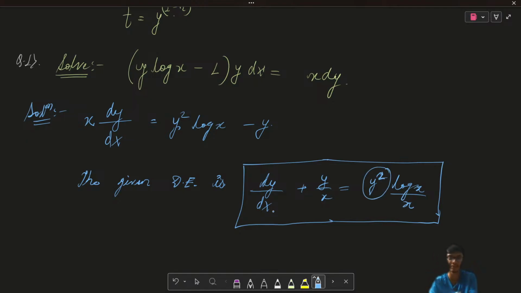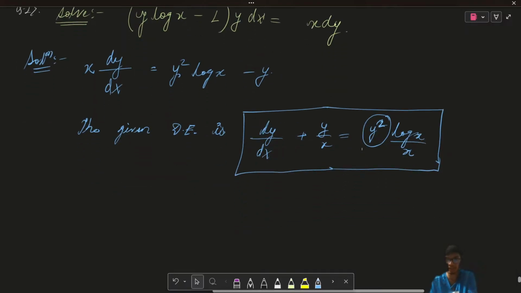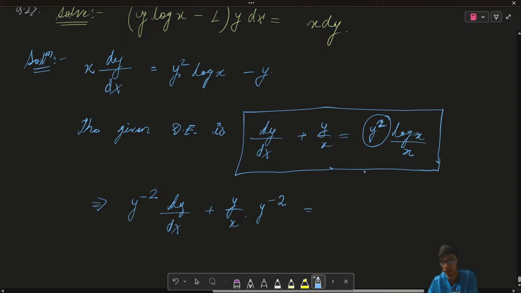So what I'm going to do over here is divide both sides by y². It is going to be y^(-2) dy/dx + (y/x) y^(-2) = log x / x, right?